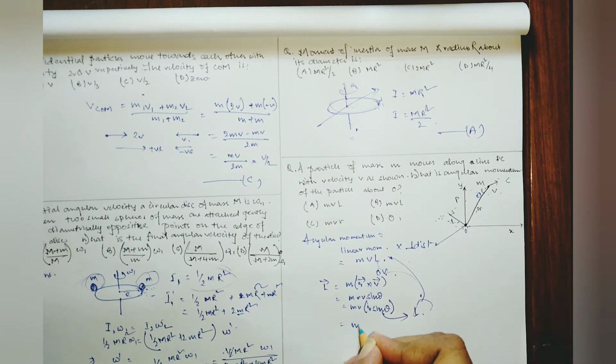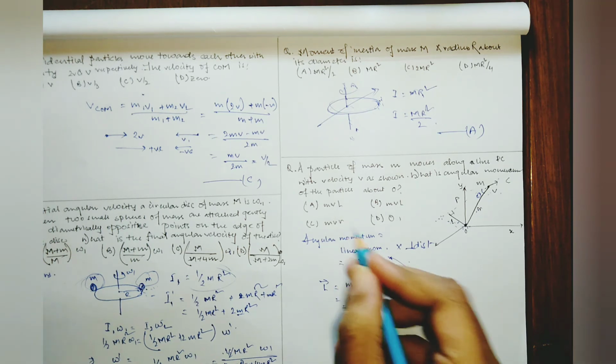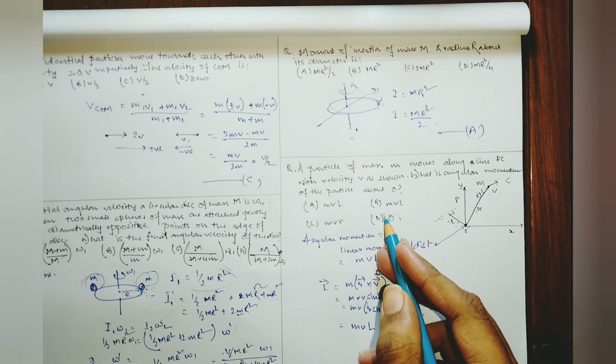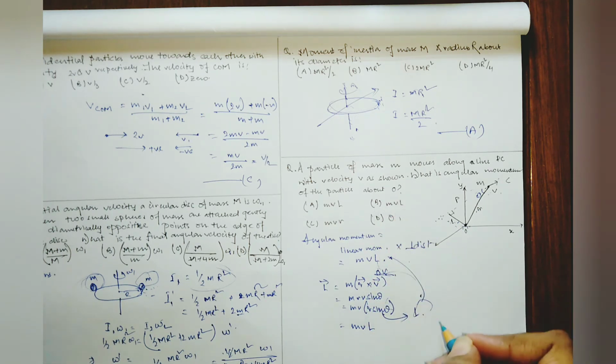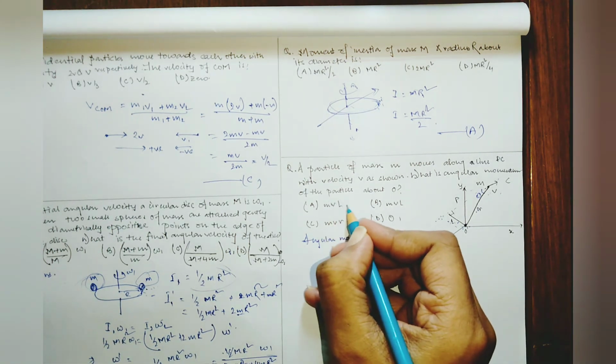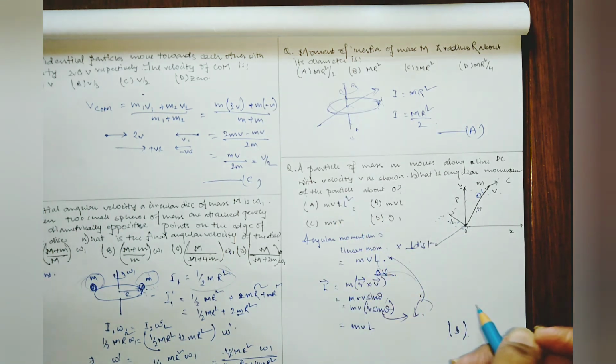So this is mvL. From both methods we are getting the same answer, as we obviously should. So the answer is option B, which is mvL. Sorry, this is mvL, not mvL square, which is given in option B. Thank you very much.